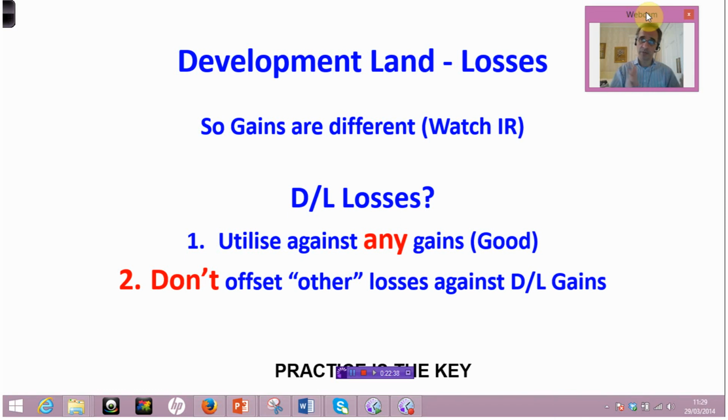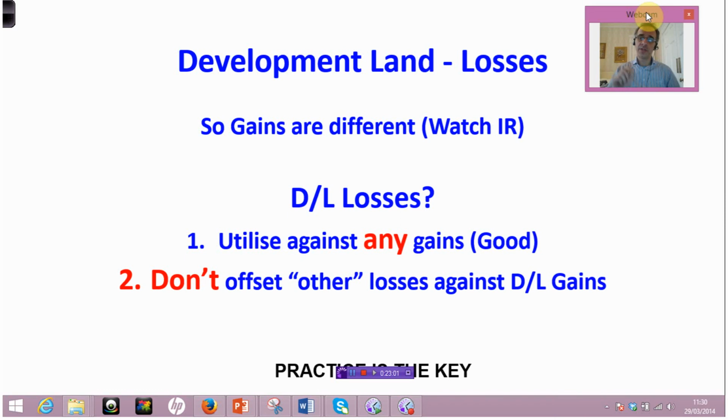So you remember going back to screencast 1, I talked about this idea of having a current year pot. And I said that we could have 4 or 5 or even 6 different gains and losses. Well, I'm fine to just put my development land loss into that pot. There's no restrictions on using that loss against other gains, okay?